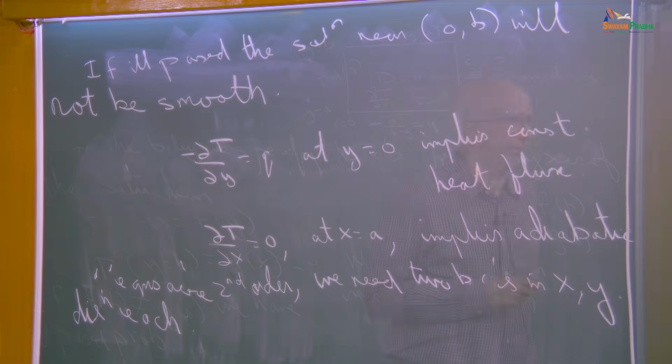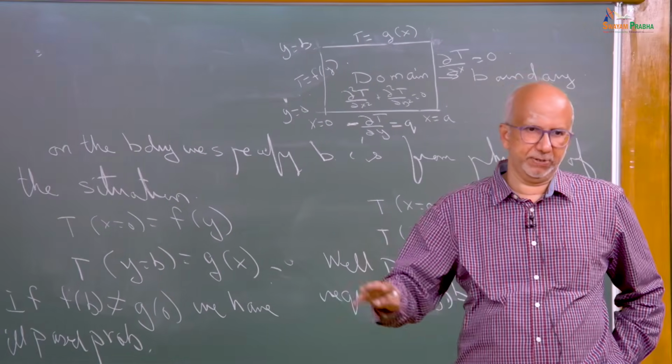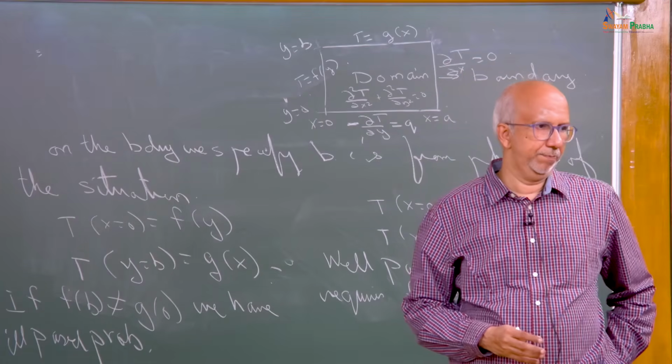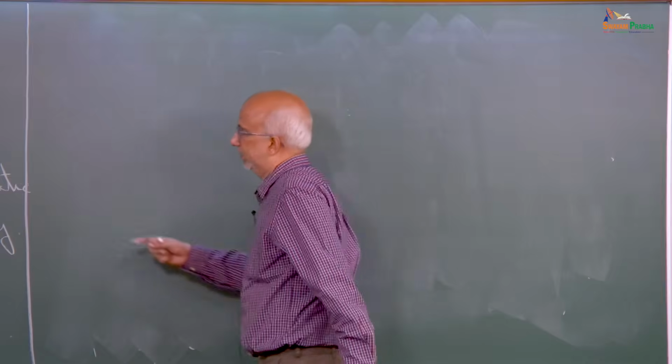So, normally what we have done is we have taken the boundary, in this case very clear for you to see that x equal to 0, x equal to a, y equal to 0, y equal to b. But what have we done? We have actually specified conditions all along the boundary. So, that is the reason it is called boundary conditions.